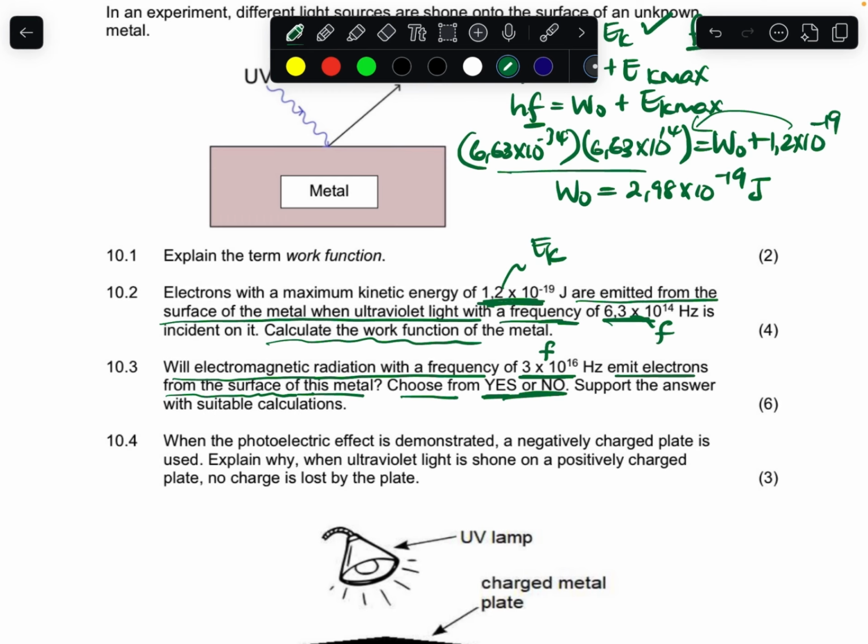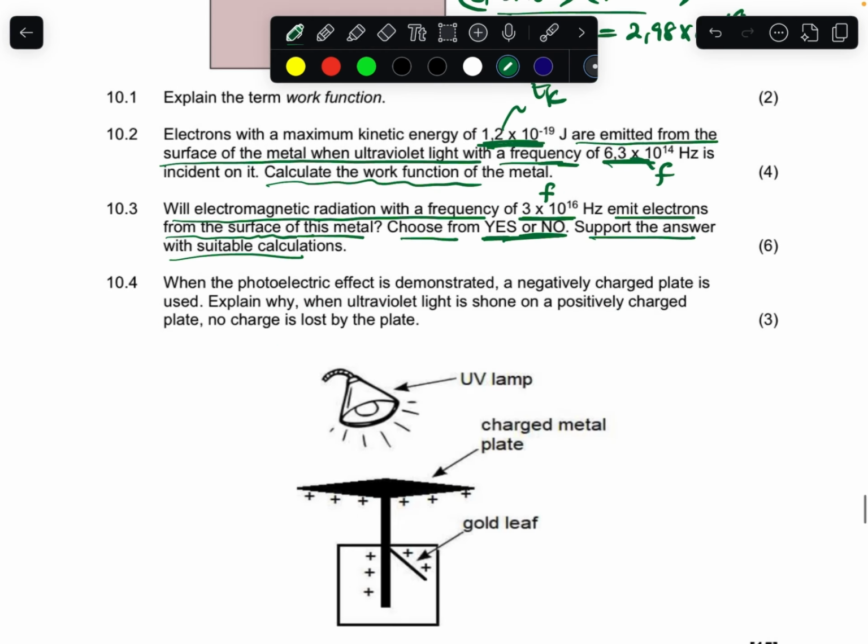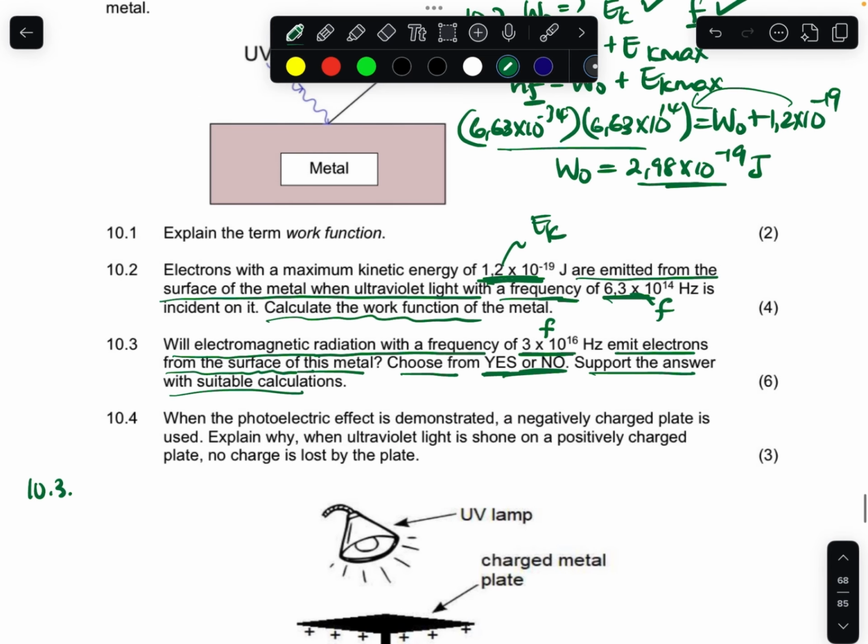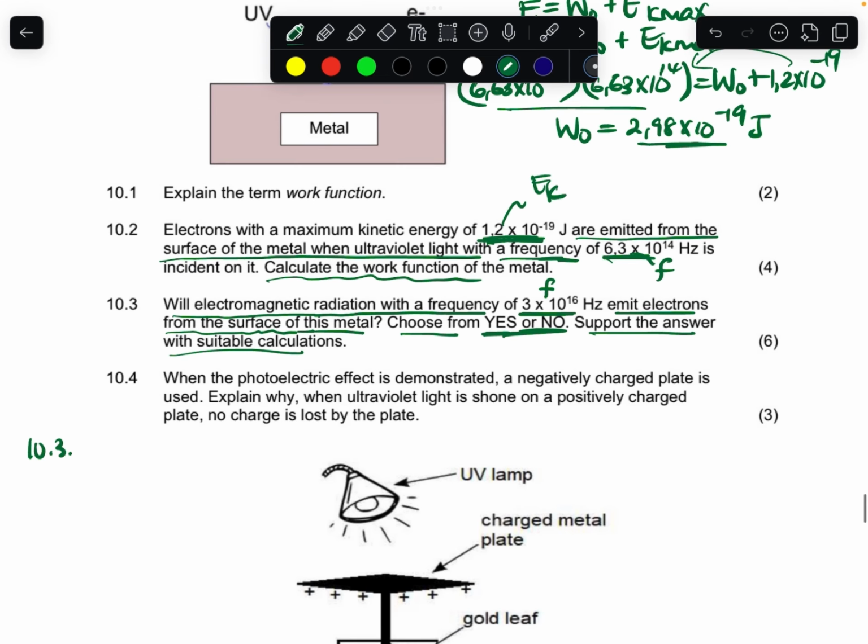It says support your answer with a suitable calculation. Now what we are going to do first, for 10.3, is use the work function of this metal to get the threshold frequency and then compare.